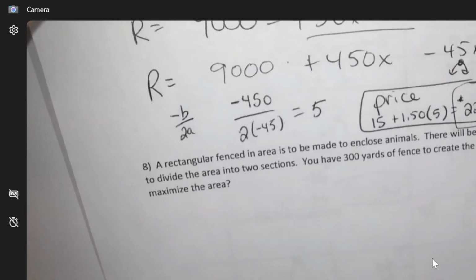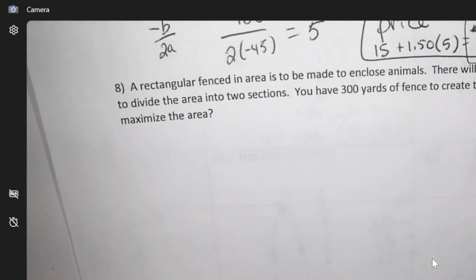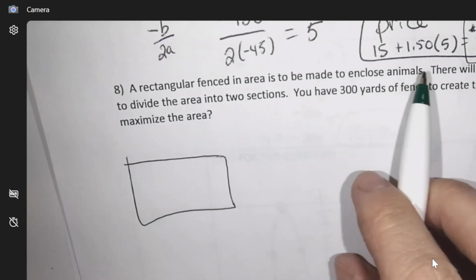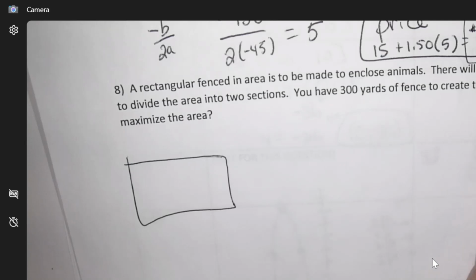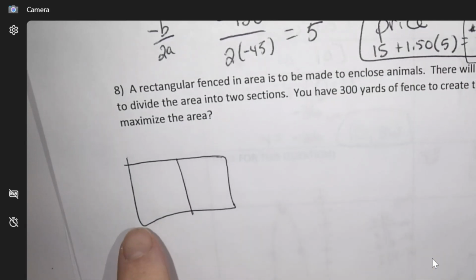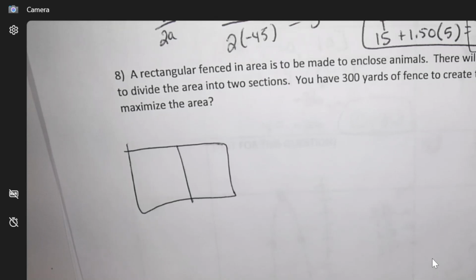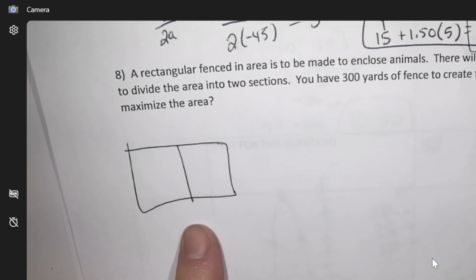Okay, number 8, the last one. A rectangular fenced area is to be made to enclose animals. There's going to be one fence line down the middle to divide it into 2 sections. So that's your drawing.